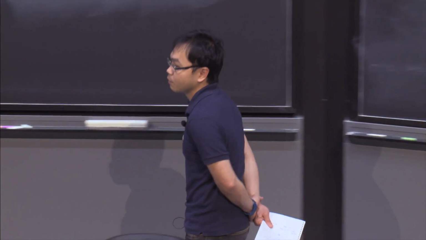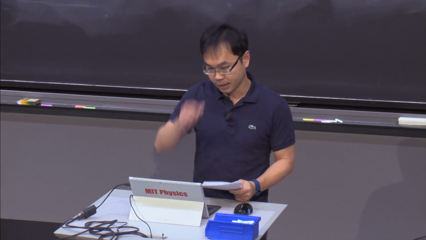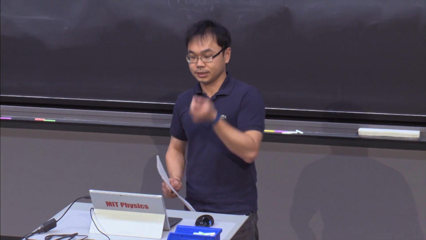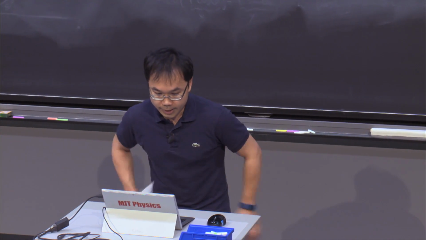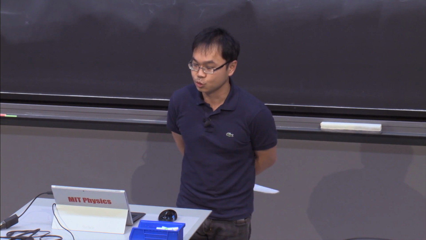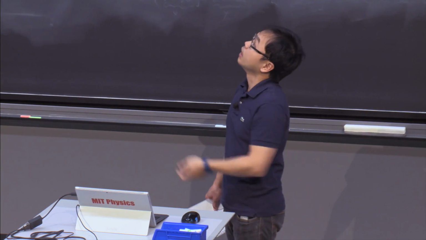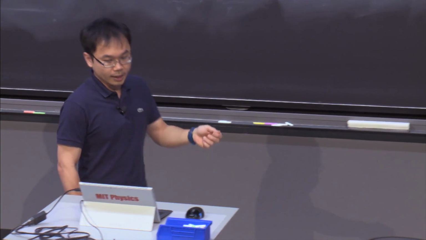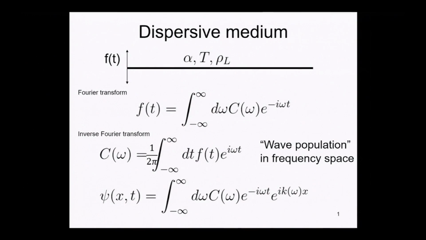Just a quick review about what we have learned so far. Last time we discussed shaking one end of this dispersive medium, which is a string with stiffness. The strategy we have been following is to do a Fourier transform to decompose the motion of the hand, which is holding one end of the string, into wave population in frequency space.